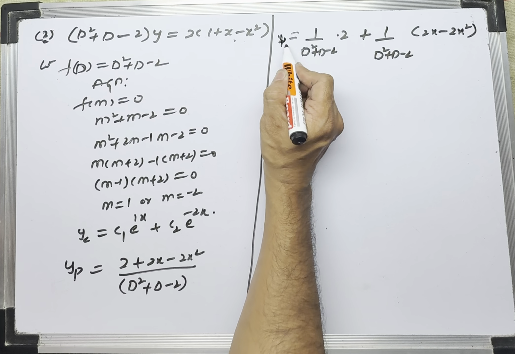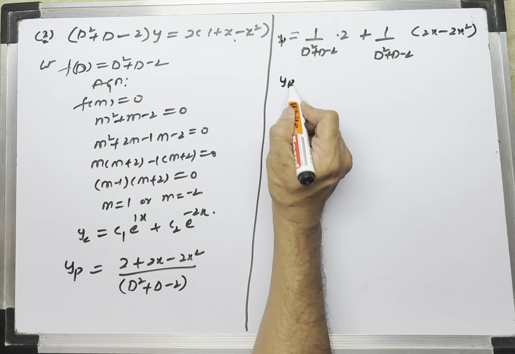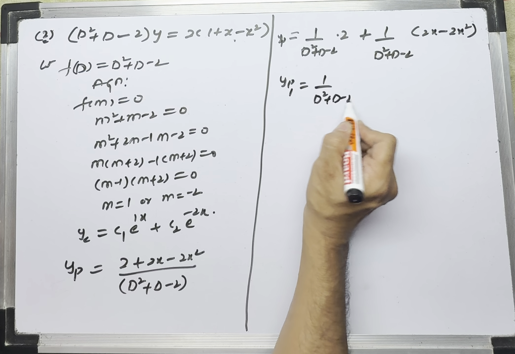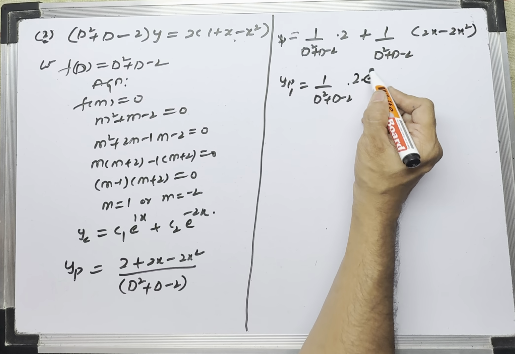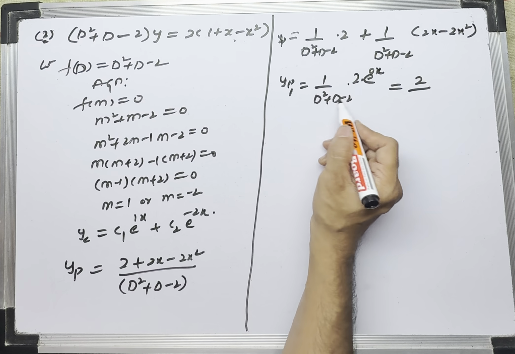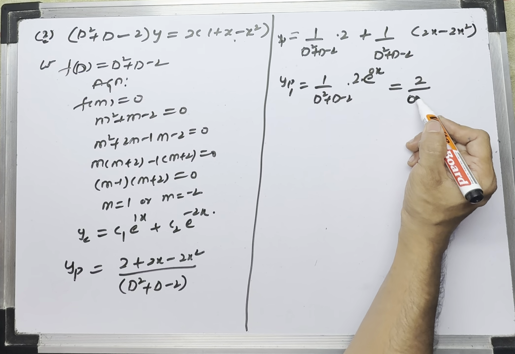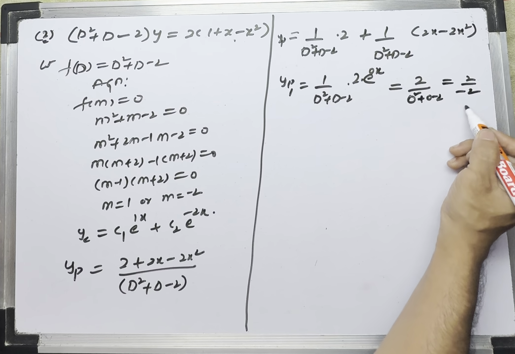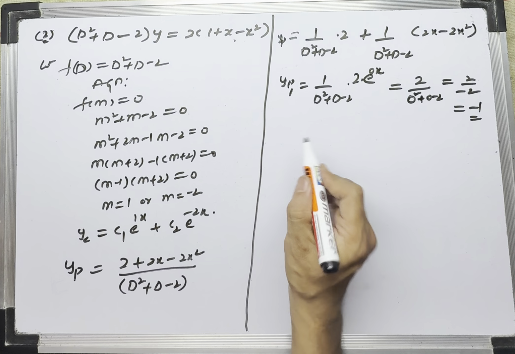This is yp. Now I will take yp1, the first part, 1 by D square plus D minus 2. 2 is there, we will write e power 0x along with this 2: 2 divided by, with e power 0x, D is replaced by 0. So this is 2 by minus 2, that is minus 1. yp1 we have.